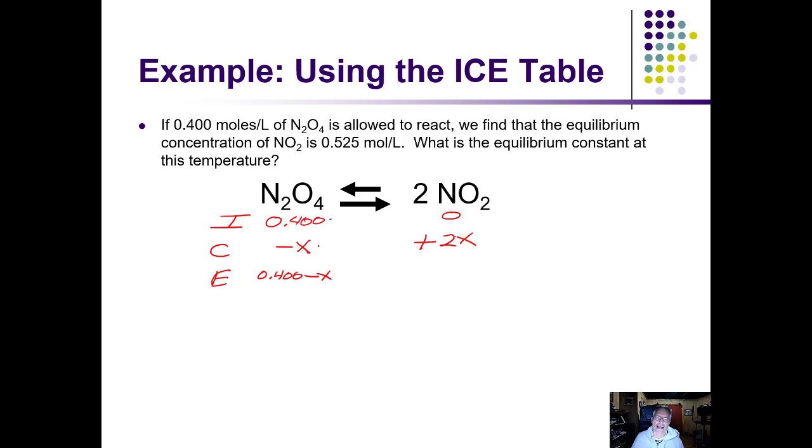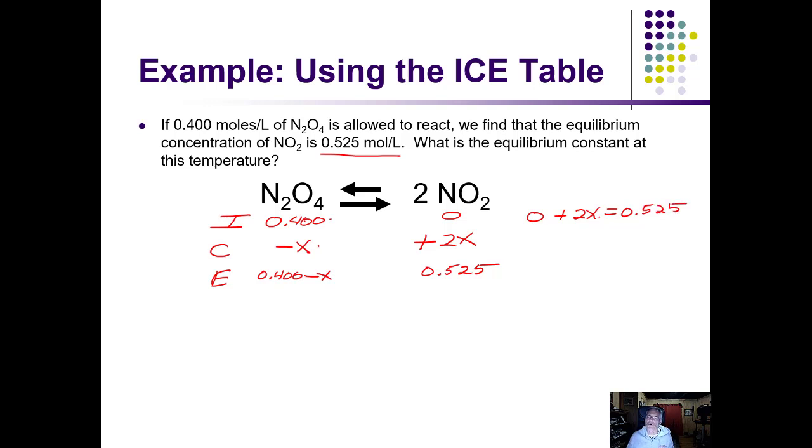0 plus 2x, but they've given us the equilibrium concentration, which is a gift, 0.525 molar. Now, all I need to do to solve this is figure out what x is. So for nitrogen dioxide, initial is 0 plus 2x is equal to 0.525 molar.